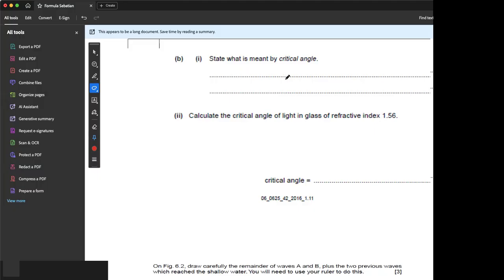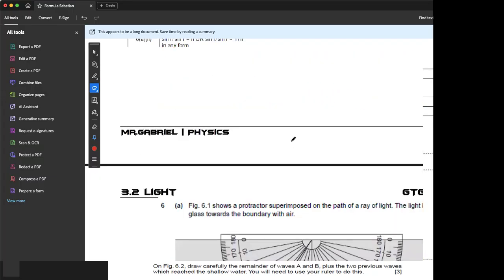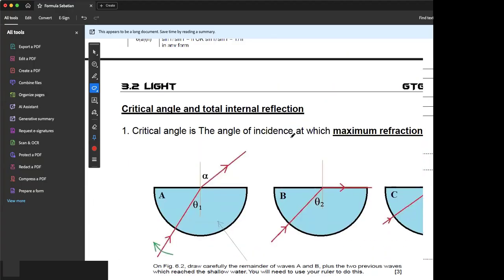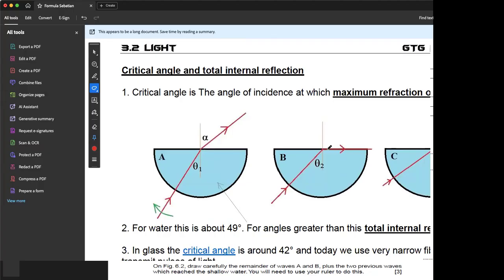Critical angle is when maximum refraction occurs, guys, right? Because I was so angry I couldn't think about the answer for a second. When we talk about critical angle, this is going to be maximum refraction. It cannot refract anymore.